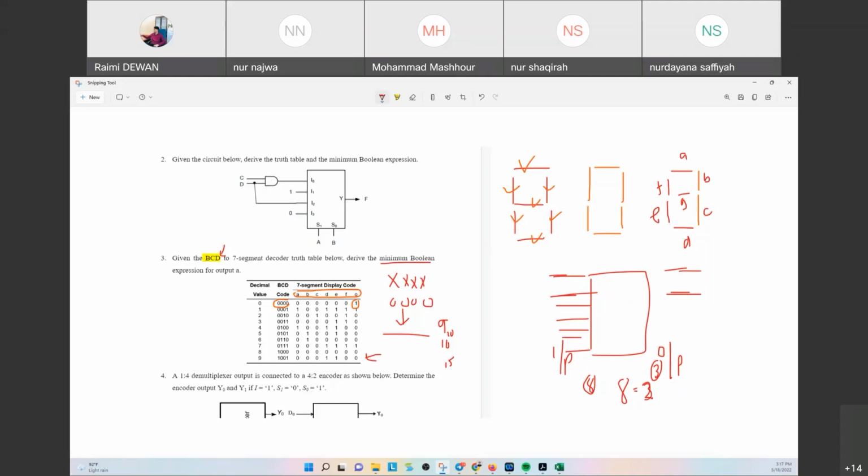Okay, good. Thank you very much. And then because this is BCD, is there any don't care? Will your K-map have don't care conditions or not?